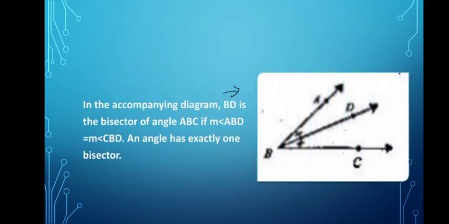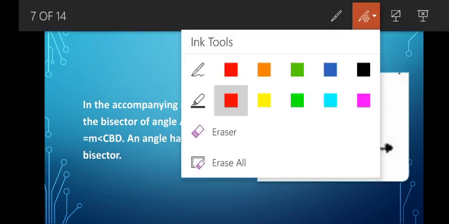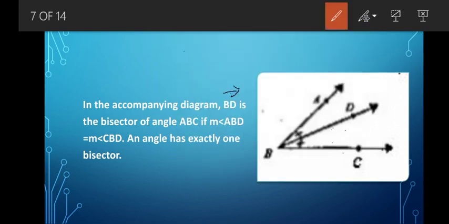So look at the figure at the right side. Where is our bisector? So our bisector here is the center, which is the ray BD. This one, ray BD, which bisects the angle ABC.